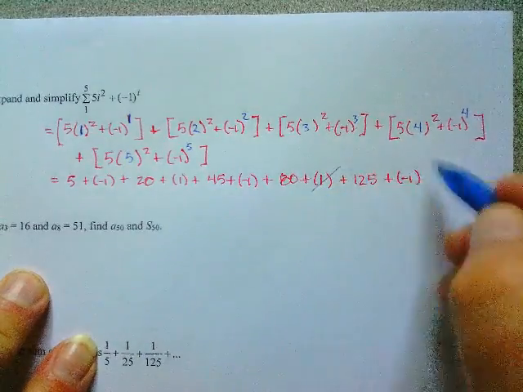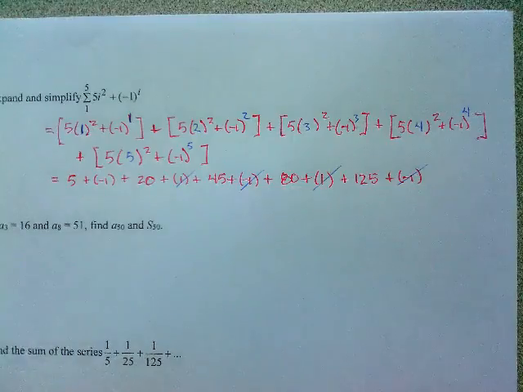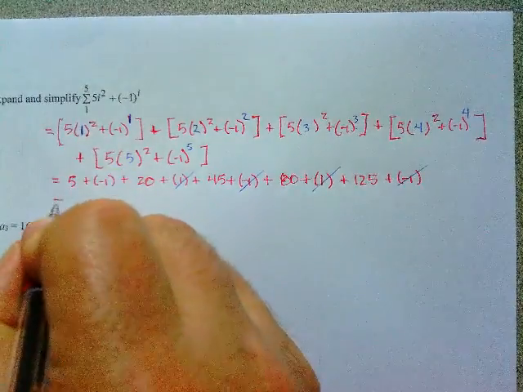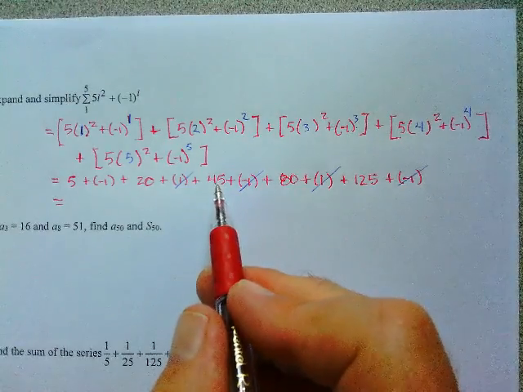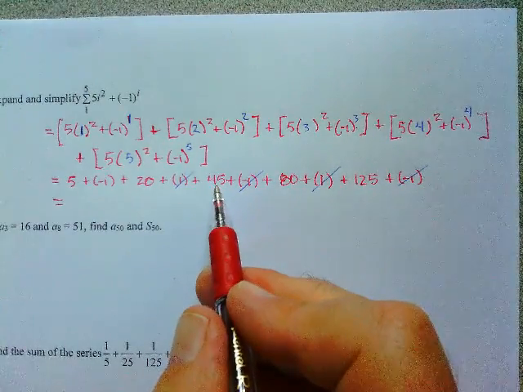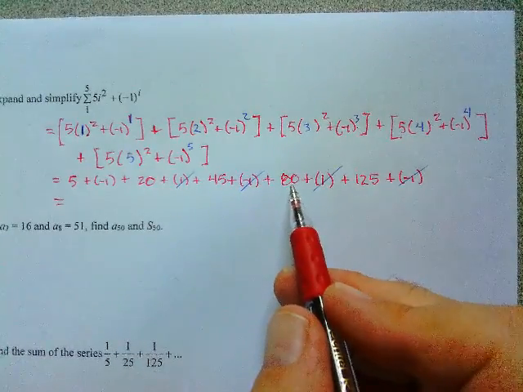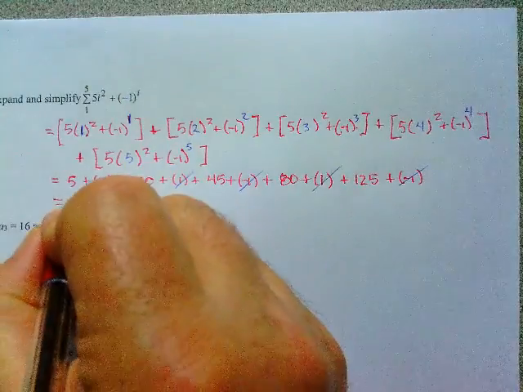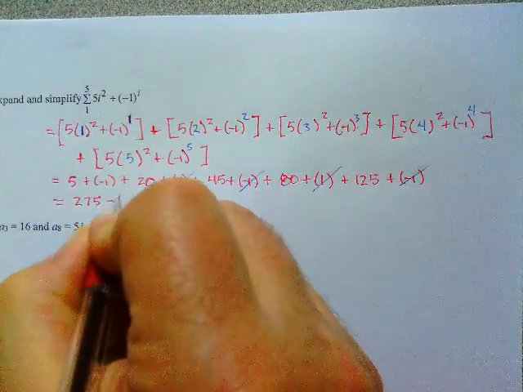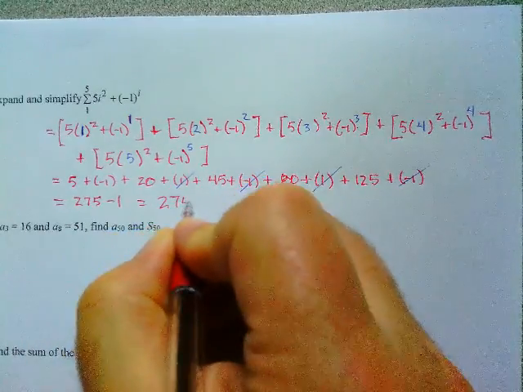So these ones will all cancel each other out. And adding up the rest of it, I have 5 and 20, 25 and 45 is 70, and 80 is 150, and 125 is 275, so now I have 275, subtract 1, so my answer in this case was 274.